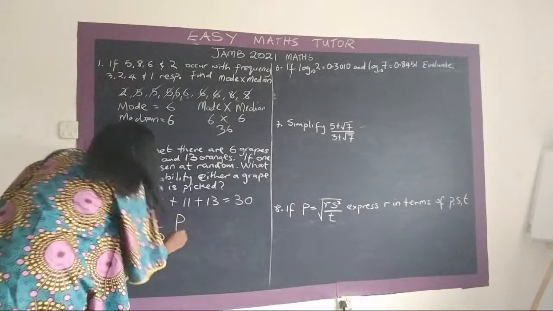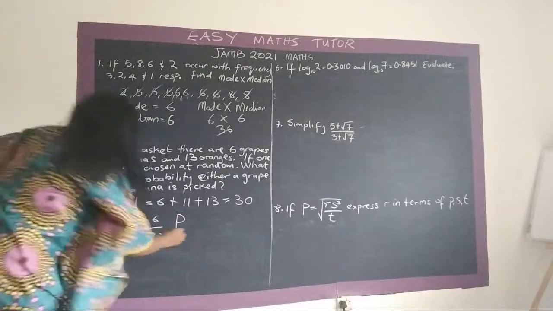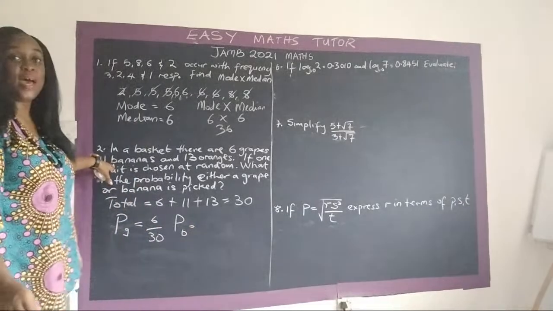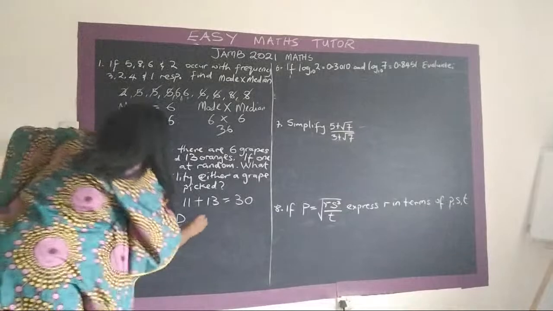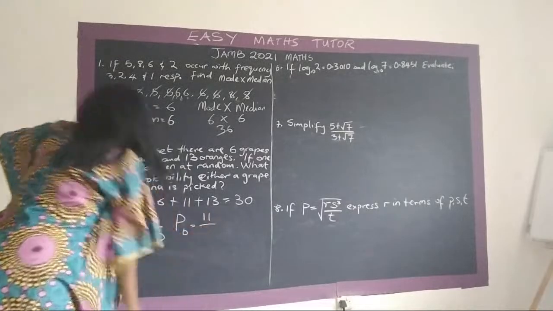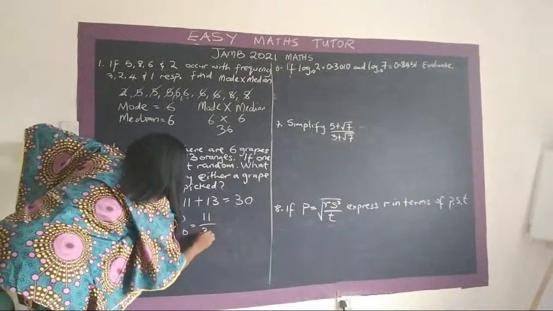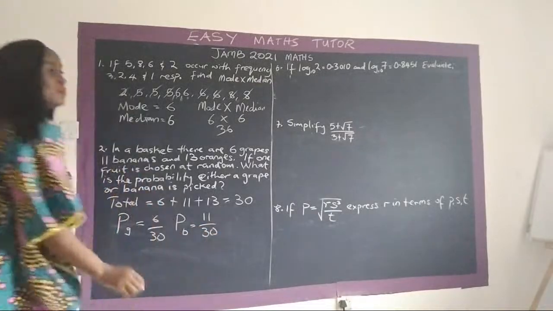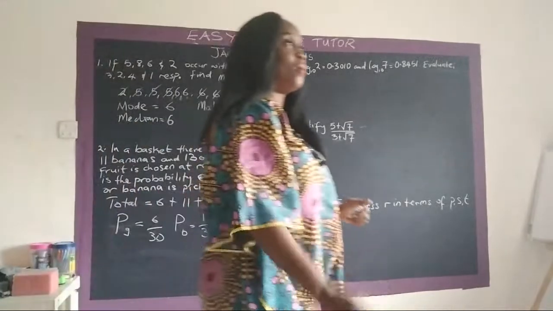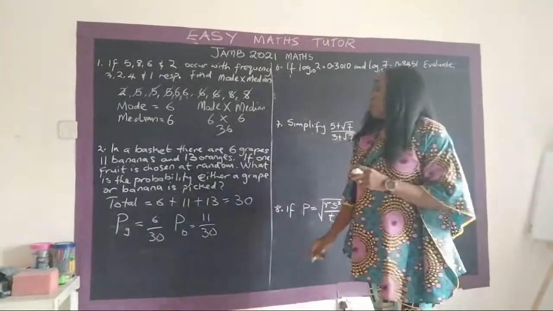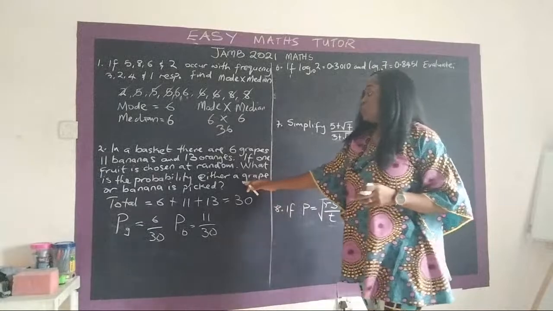The probability of a banana is the total number of bananas, 11, over the total number of fruits, 30.